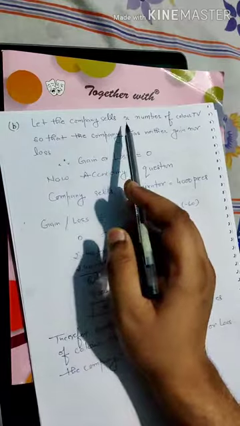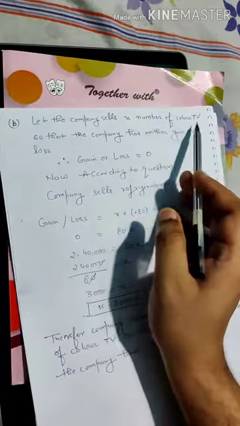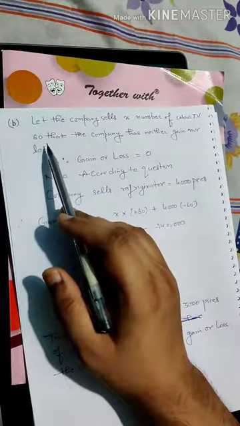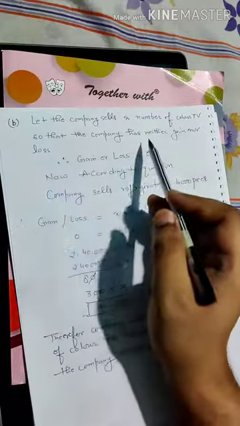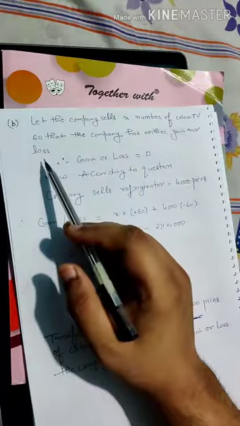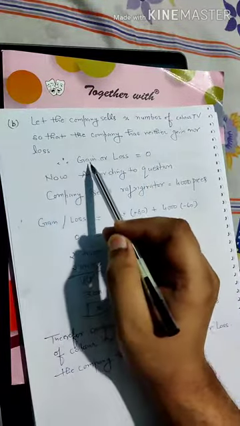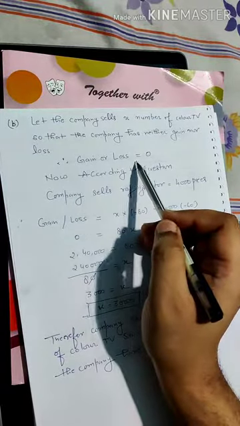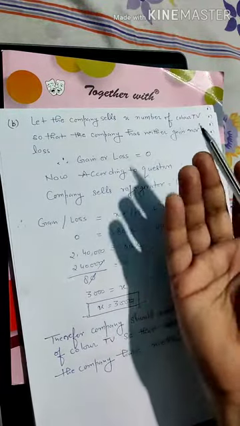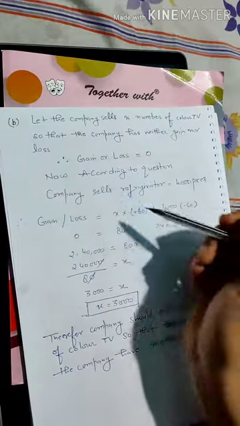Let the company sell x number of color TVs so that the company has neither gain nor loss. Therefore, gain or loss will be zero.